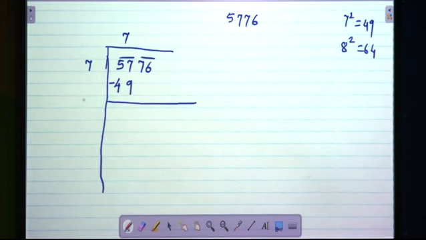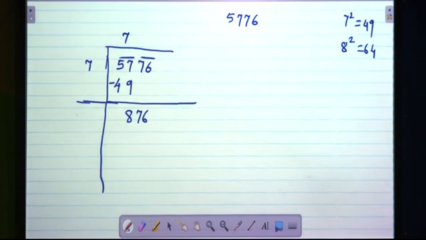So, what is the remainder? Here the remainder is 8. The next group I have brought down, the next value in the second group is 76. My dividend is becoming 876.